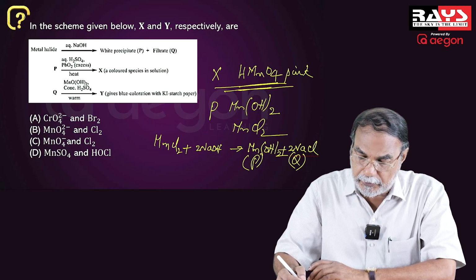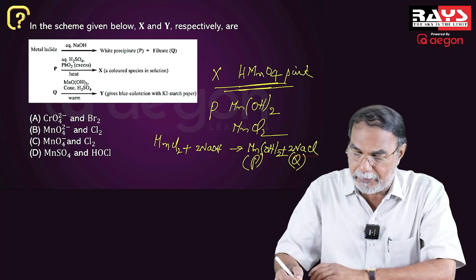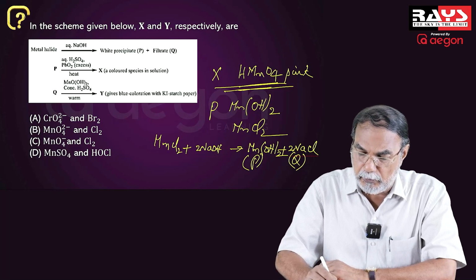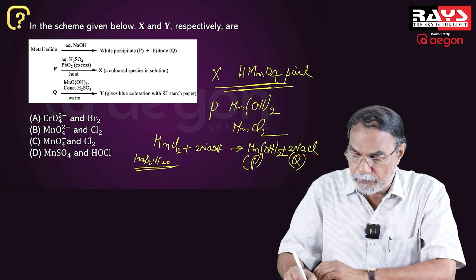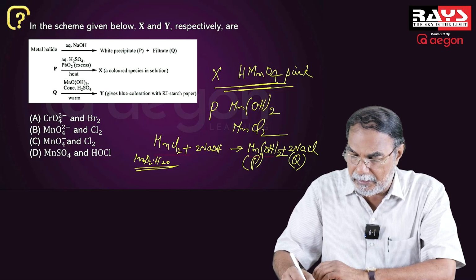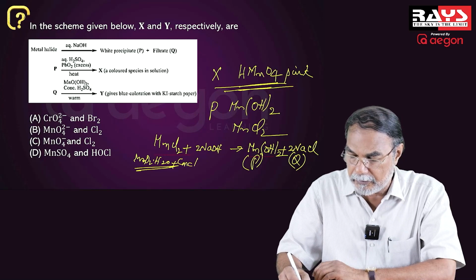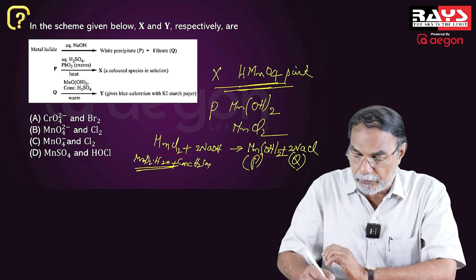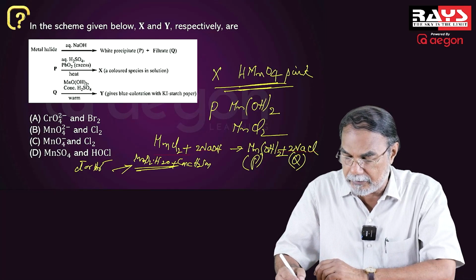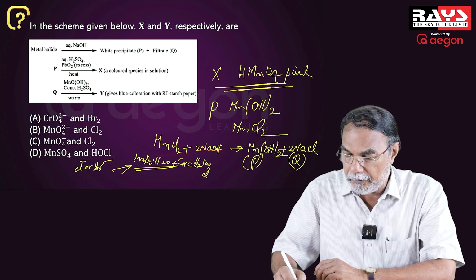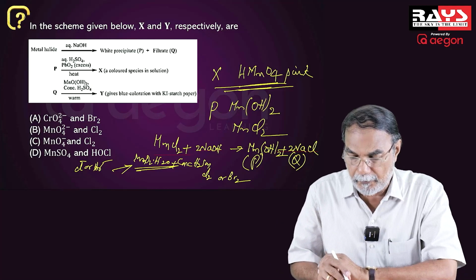And if it is sodium chloride or sodium bromide, on reaction with Mn(OH)2, which is MnO2·H2O, and concentrated sulfuric acid, chlorine gas is formed or bromine gas is formed.